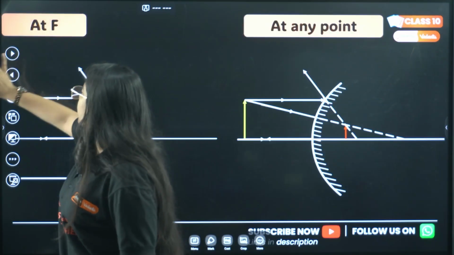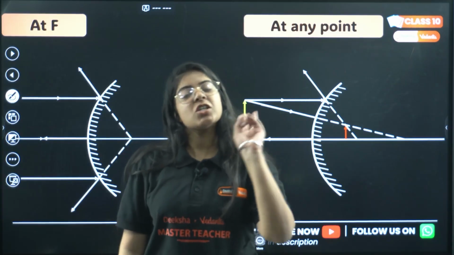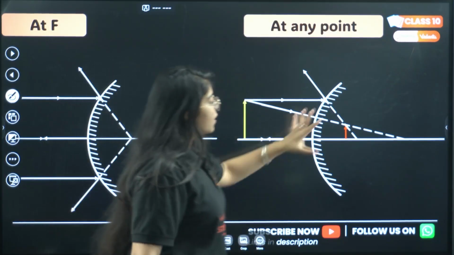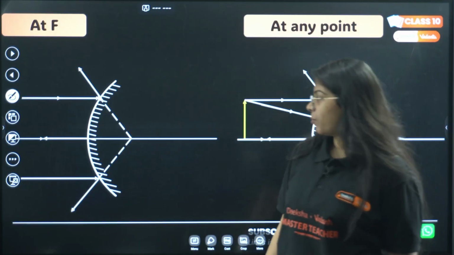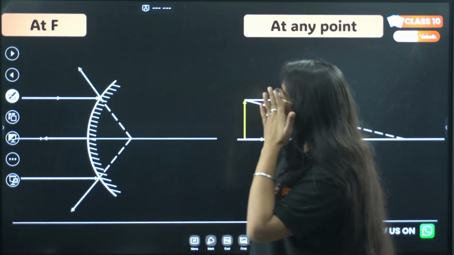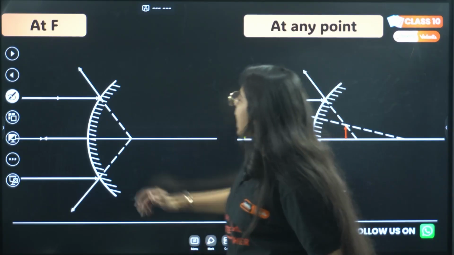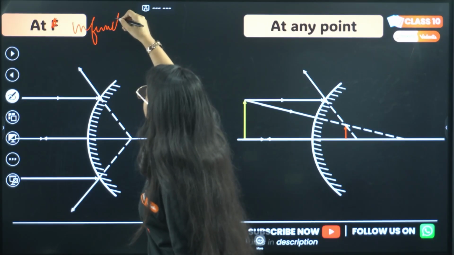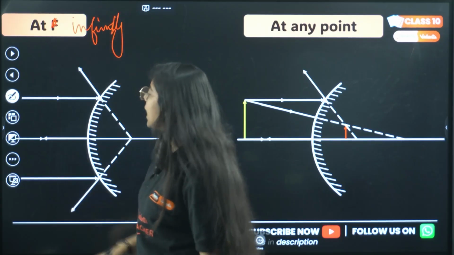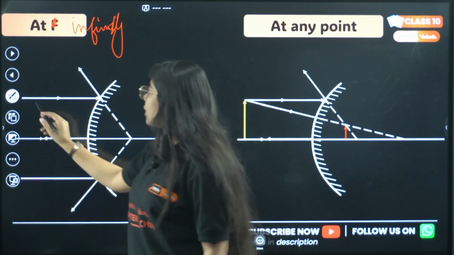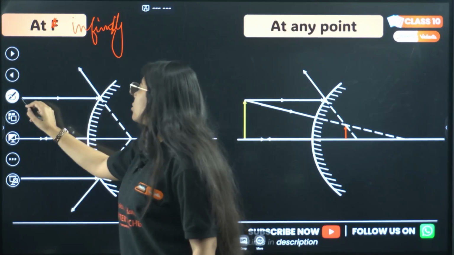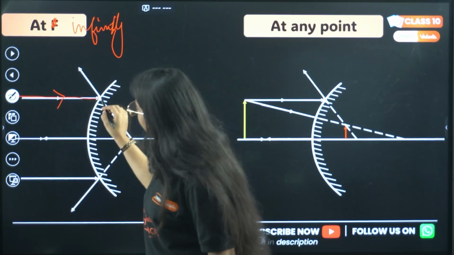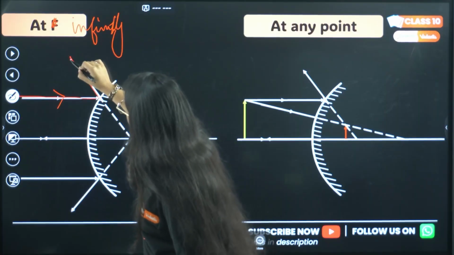Okay, let's move on to the convex mirror. We just have two cases that you need to remember. Now in the convex mirror, this is the shape. Do you remember the shape of a convex mirror? When the object is at infinity, the rays are coming parallel and hitting the convex mirror. So instead of getting reflected like this, they are getting reflected away.